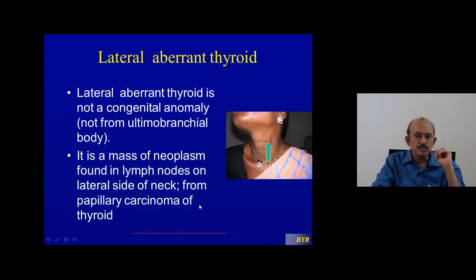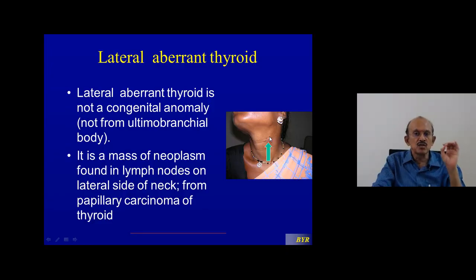But if it is not ultimobranchial body remnant, what is it? It is a mass of neoplasm found in the lymph nodes on the lateral side of the neck from papillary carcinoma of thyroid. Sometimes there will be cancer in the thyroid gland, only a microscopic focus, which means it is not palpable. But even though it is microscopic, it metastasizes to the lymph nodes of the neck.